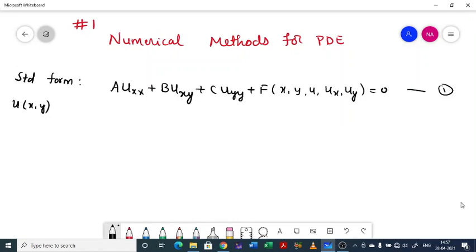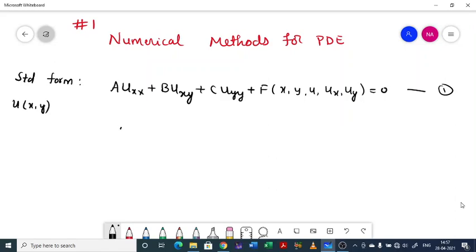Now, there may be many partial differential equations of second order. For convenience, we have to classify them into different groups so that we can study those equations conveniently. So we classify these into three types based on the sign of the discriminant.